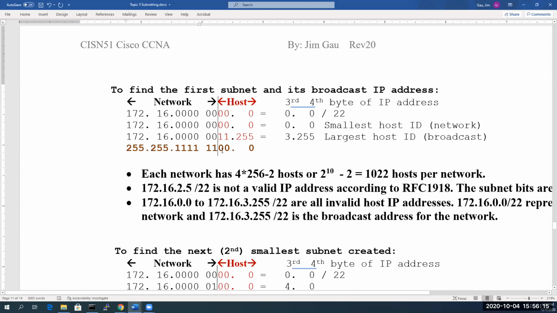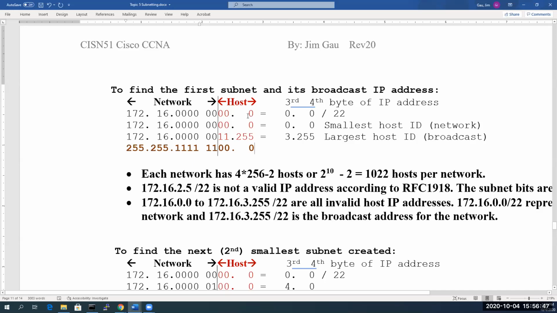All right, so this is the subnet mask, and we drew that and made sure we know which part is network and which part is host, so that we can say how many hosts per network. So the first network is here, okay? We just look at just one network, 172.16.0.0/22, right?